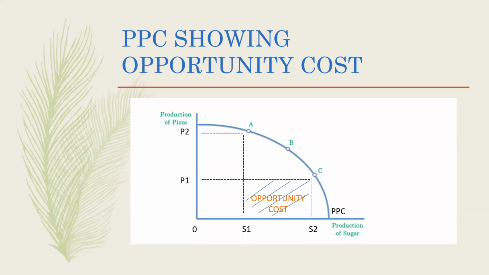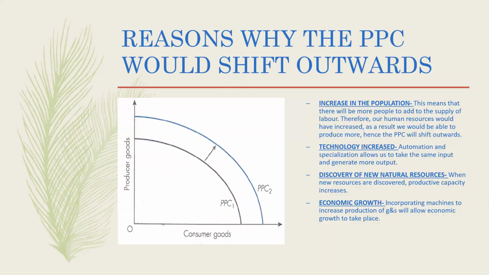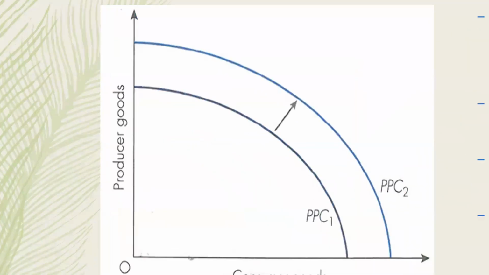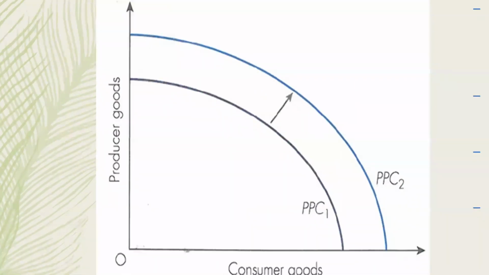I want to just look at this last slide, which shows the reasons why the PPC would shift outwards. First of all, I'm going to highlight this diagram here.